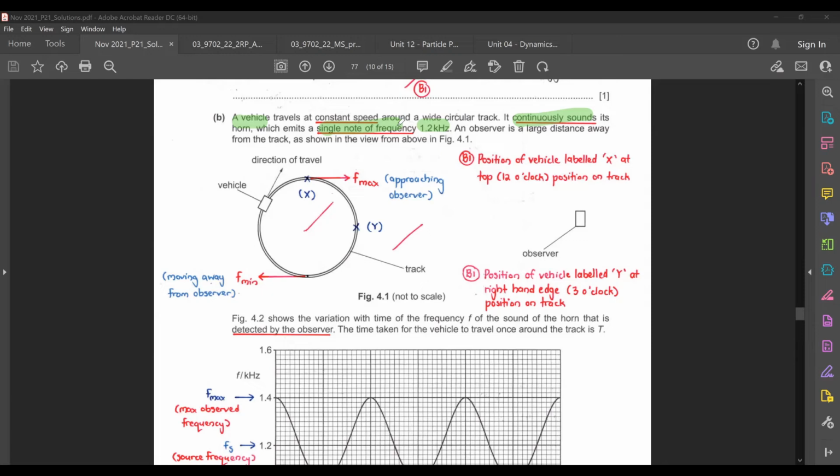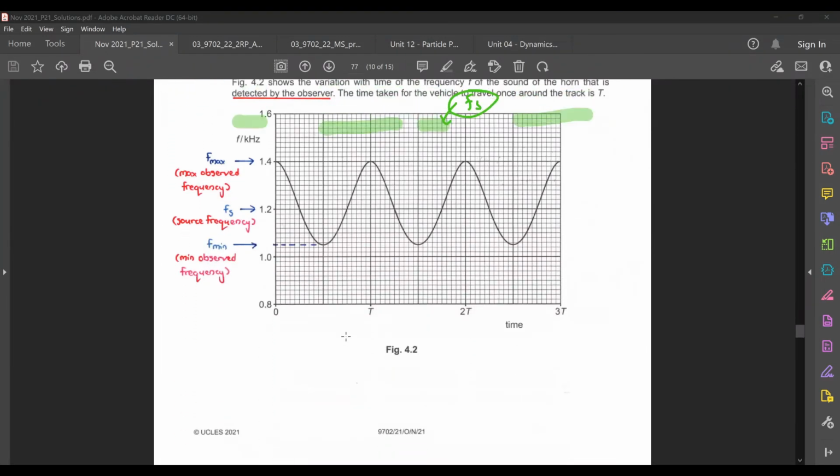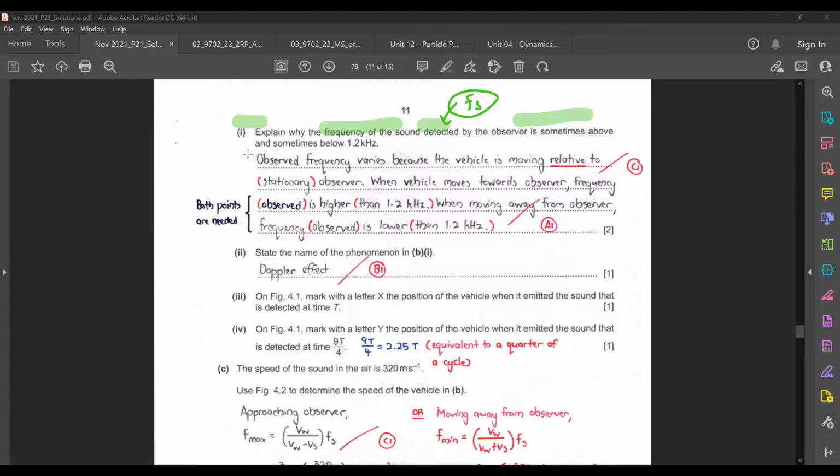This is the original frequency of the vehicle. This is actually your fs, your source frequency. The car is emitting sound of frequency 1.2 kilohertz. That is your source frequency. The question is really asking you, why is it sometimes above and below the original frequency of the vehicle?